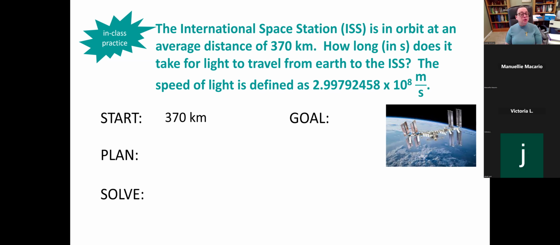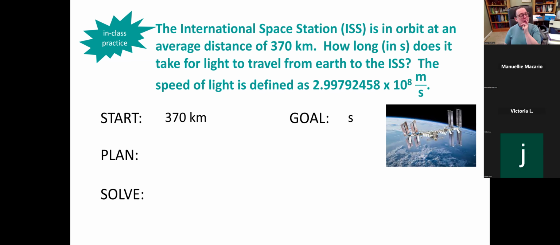Okay, we're going to start with 370 kilometers, and we're trying to connect it to, well, how long in seconds is it going to take to go that far, if we're moving at the speed of light. All right, so we need a plan. Do we have a connection between kilometers and seconds directly? The answer is no. If you look at the speed of light, it's telling you the connection between meters and seconds.